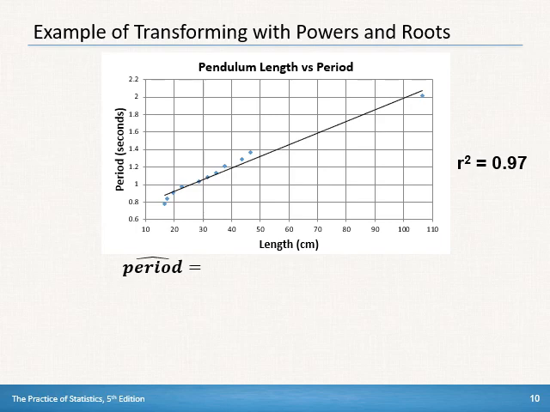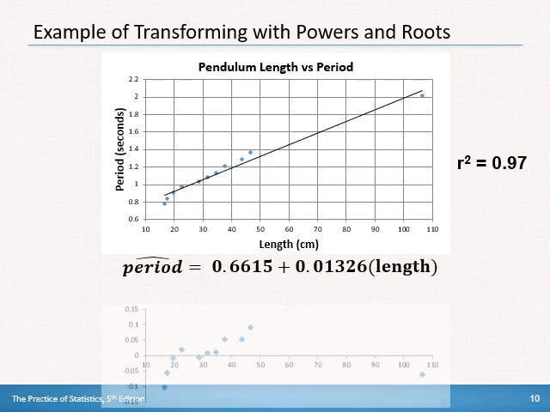So that seems like, oh, okay, maybe a linear model is appropriate. If you put that data into your calculator, you could run a least squares regression on it, and you would get the y-intercept plus the slope times the length, a plus b x, with x being the length. So that would give us the predicted period from the length.